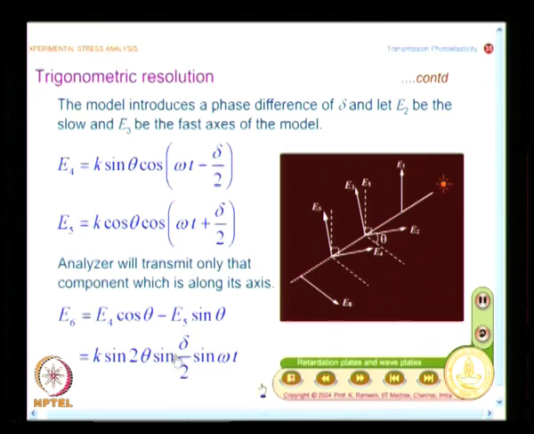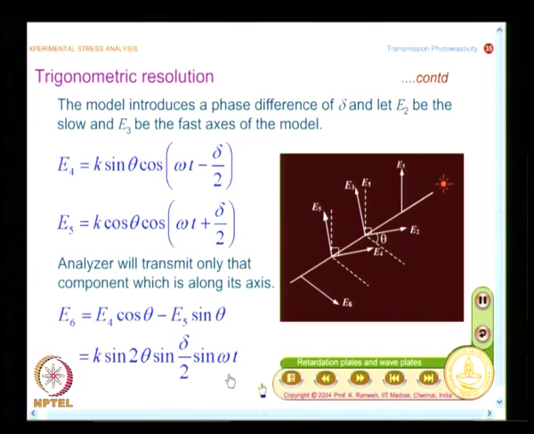If you go back, I said for all this you need knowledge of trigonometric identities. It is a very simple step, it is not difficult at all. So, you take this component E4 multiplied by cos theta, multiply this by sin theta, and do a simplification. This is the component of light transmitted by the analyzer, which turns out to be k sin 2 theta sin delta by 2 into sin omega t.